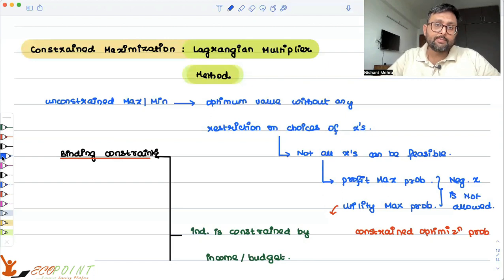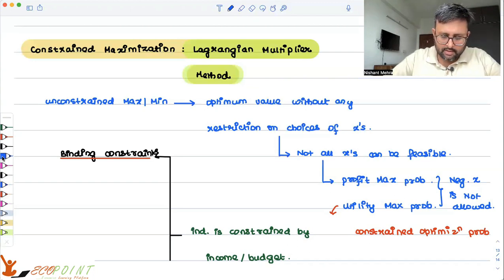When your constraint is binding, it would mean that the value of your function, which could have been maximized without this constraint, would have been more as compared to the situation when you have constrained it. When you have constrained it, the value of the function, any f, if we maximized it without any constraint, we would have gotten a higher value as compared to when we put a constraint. Okay.